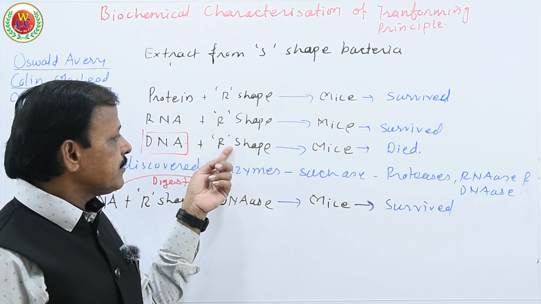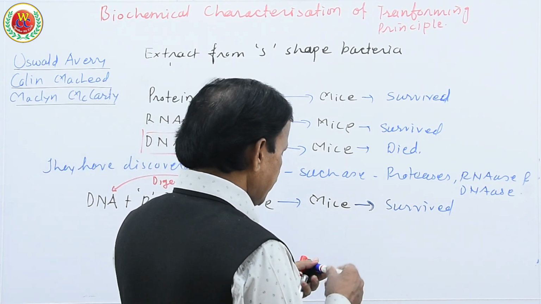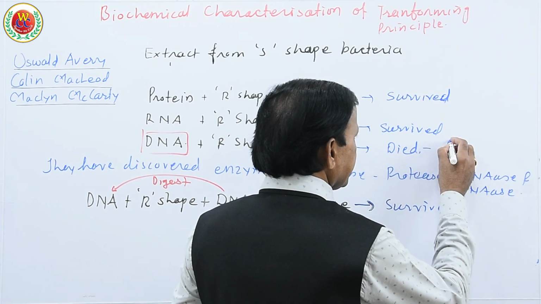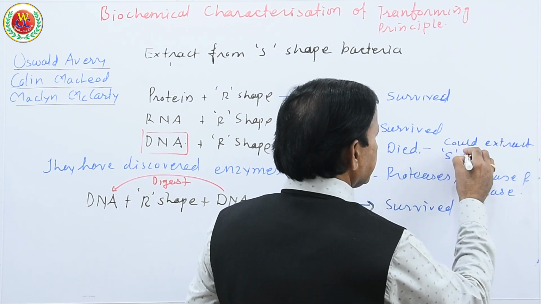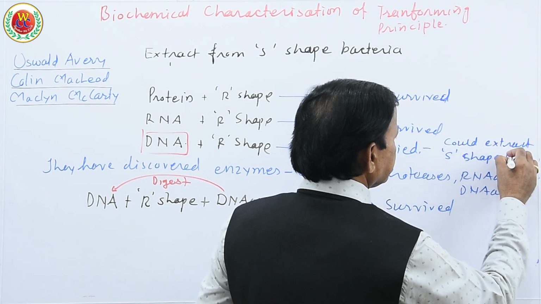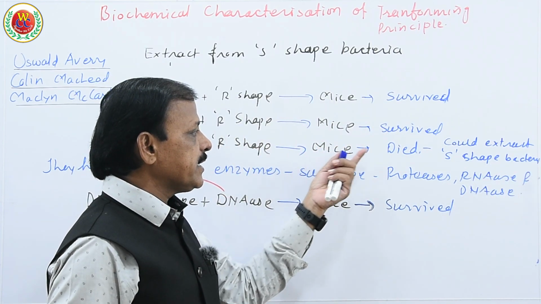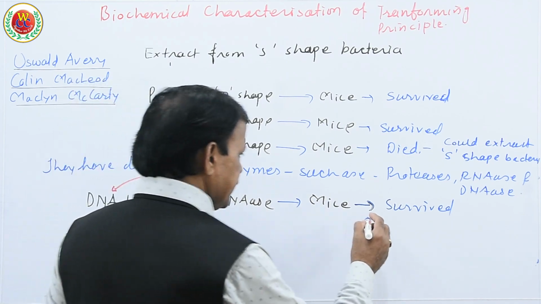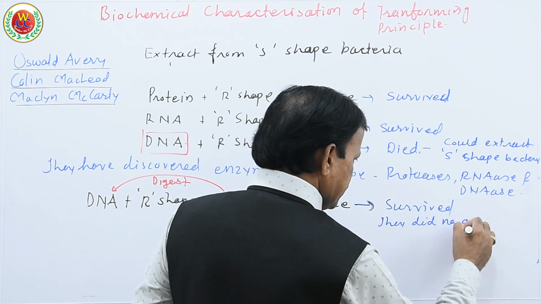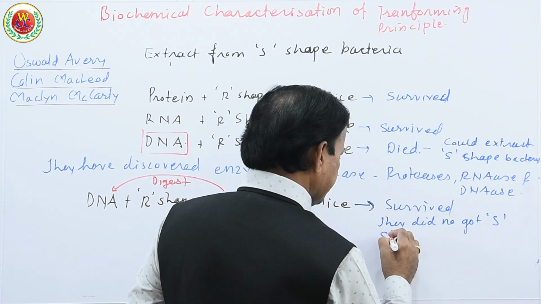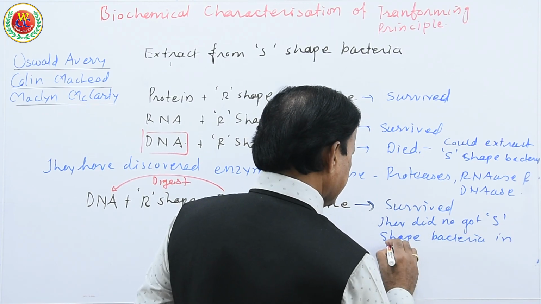It means DNA converted R-shape into S-shape and the mice got pneumonia, and from that dead body they could extract S-shaped bacteria. It is found that DNA transformed R-shape into S-shape to cause pneumonia and death. But with DNase they did not get S-shaped bacteria in the mice.